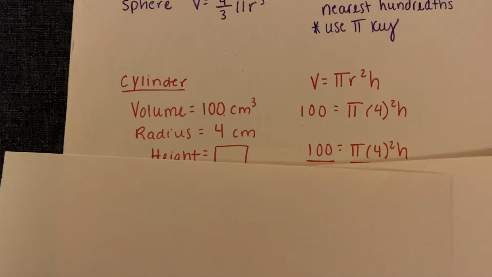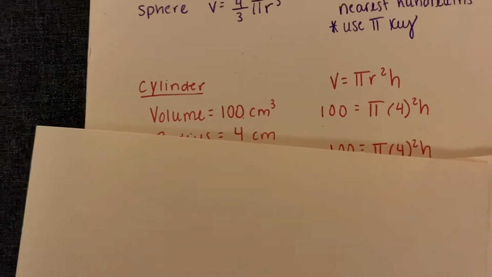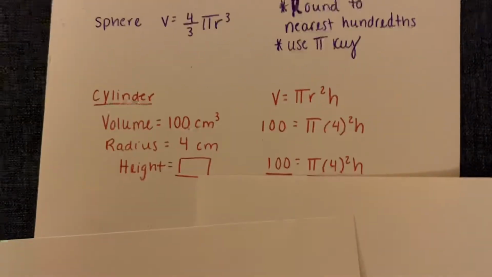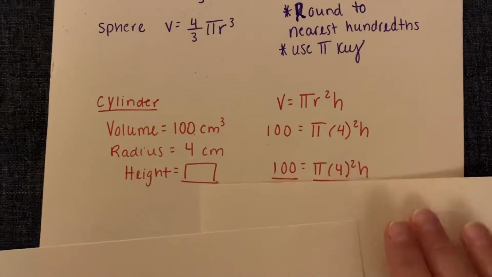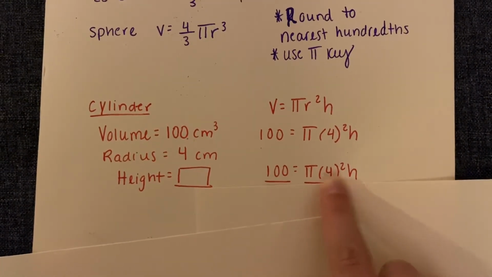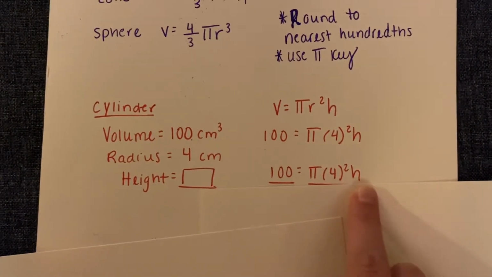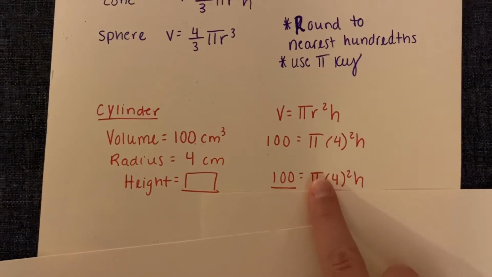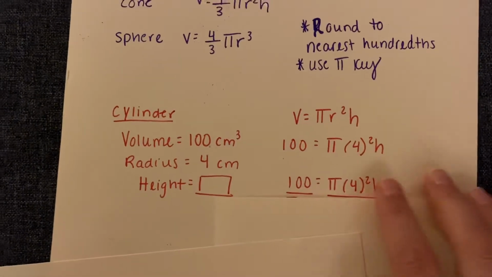So from there, now we have to solve for the height. So what I do is I rewrote it, and then we need to get rid of the 4 squared and the pi so that we're left with H. So the opposite of multiplying, or the inverse of multiplying, is dividing.